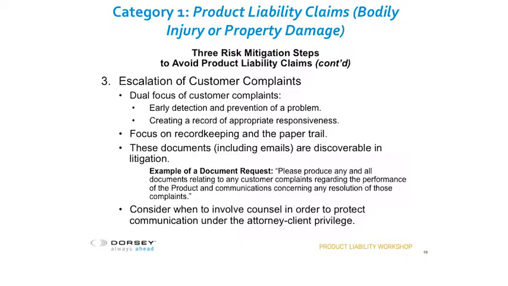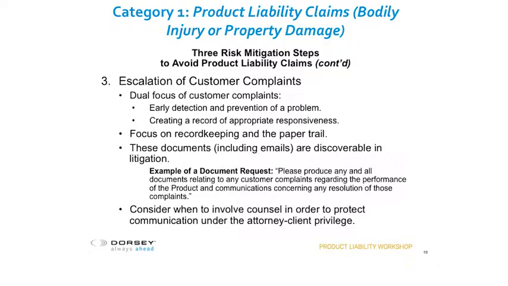The next area, and the third and final area under this product liability heading relating to risk mitigation steps, is escalation of customer complaints. You have a customer service department, and sometimes I think the customer service department's focus is just making the customer happy and satisfying this customer, and then that fire's put out, and the customer is happy with the replacement or whatever accommodation's been provided.